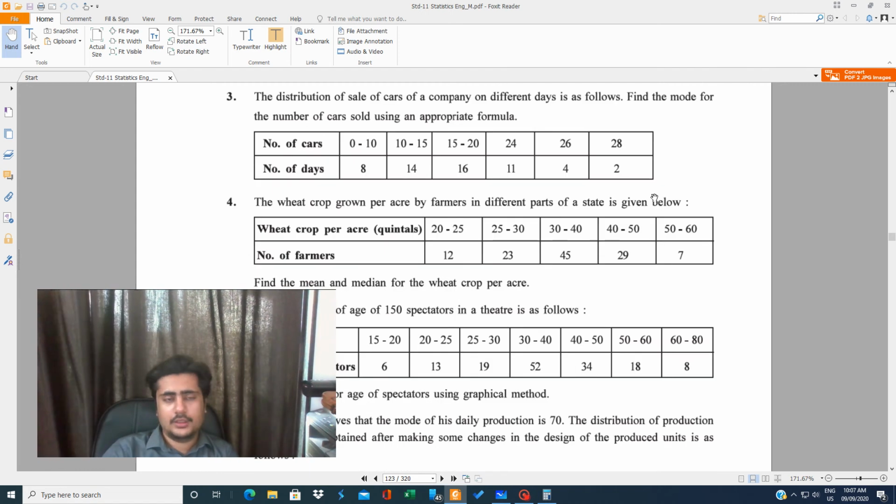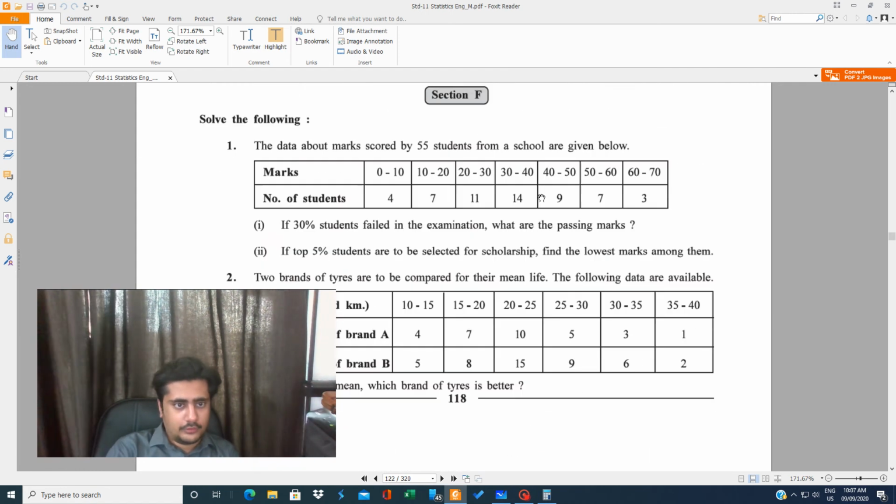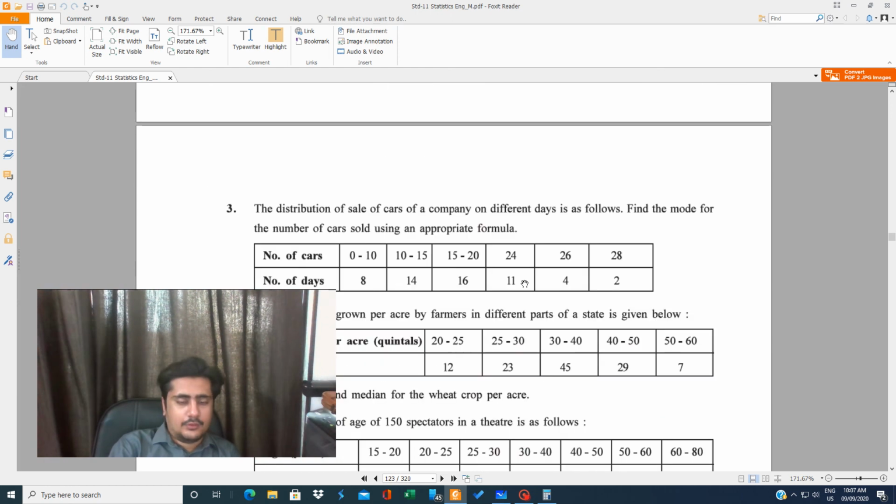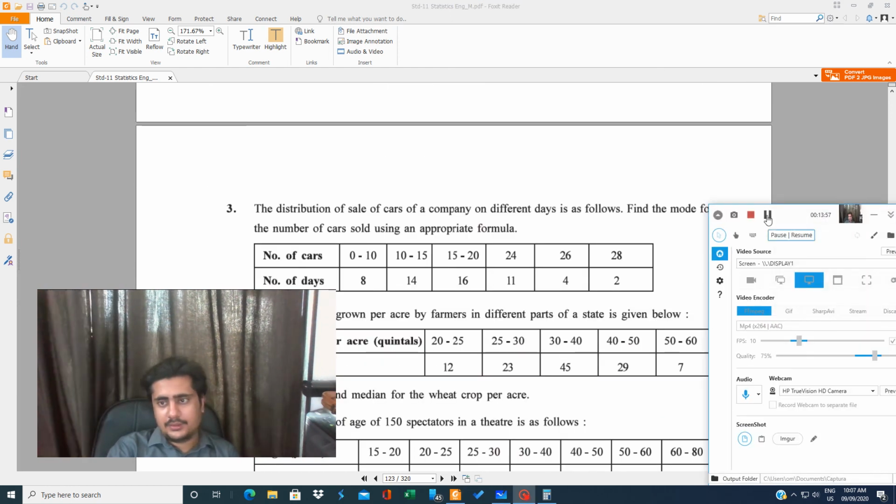So we are doing the third sum of Section F. What this third sum says, let's see.